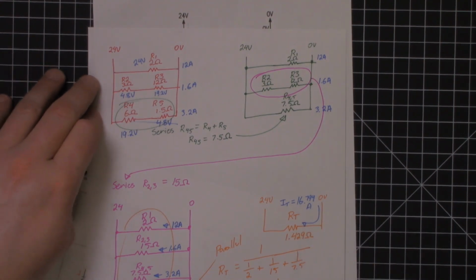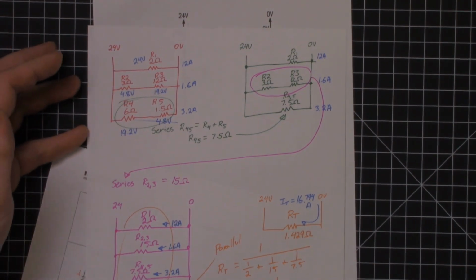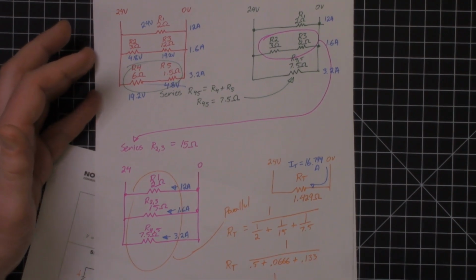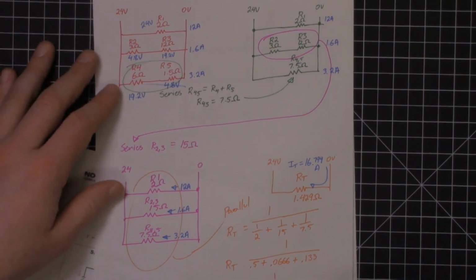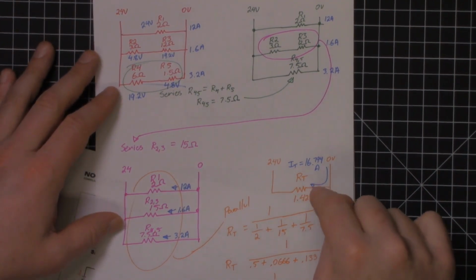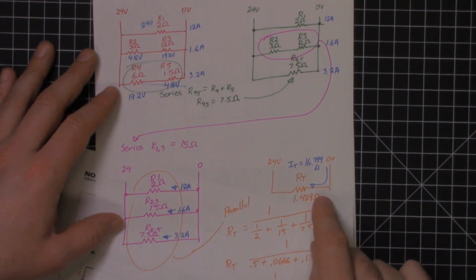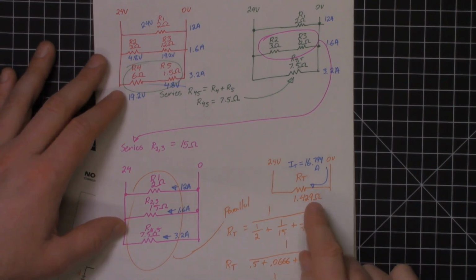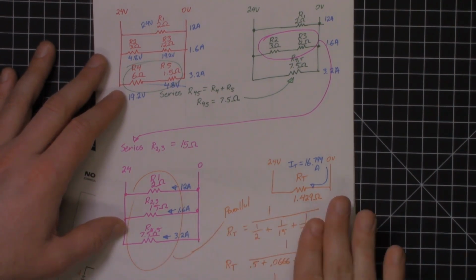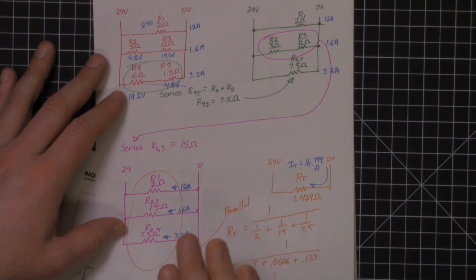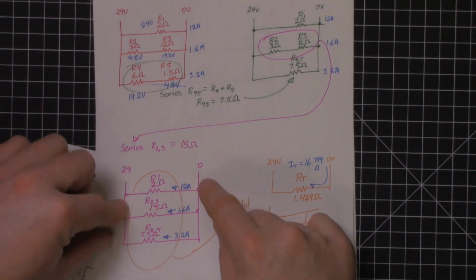And again, once you get used to it, you may not have to redraw the circuit every time, but when you're first starting out, it works great. Once you've gotten down to your total resistance, then work it backwards. Start putting in those currents and voltage values. Again, you're looking for one or the other, current or voltage. What can I find? In this case, we could find voltage because they're all in parallel.